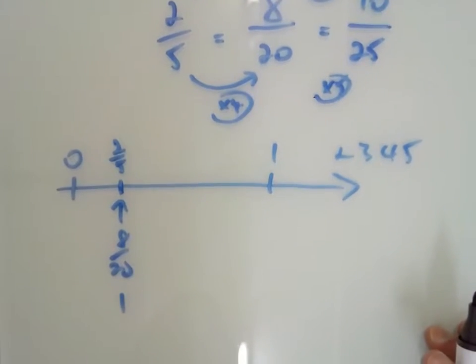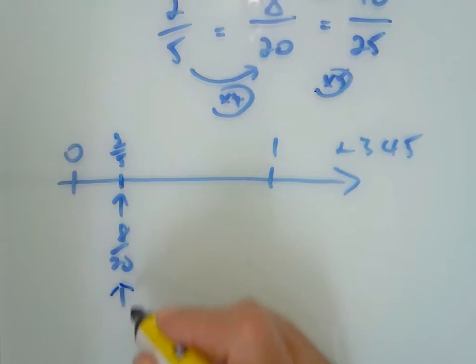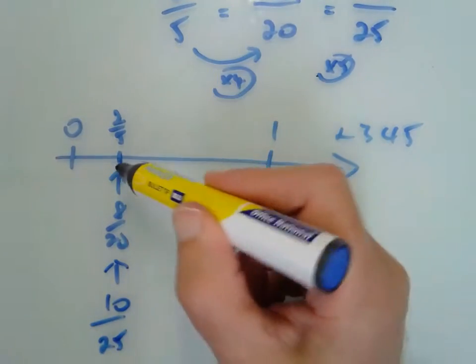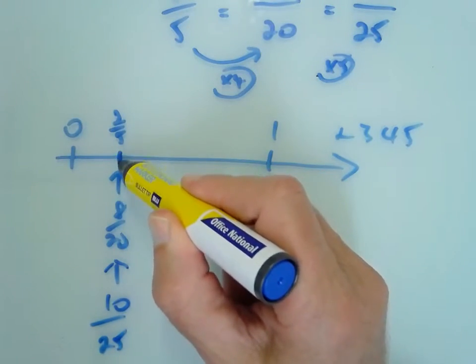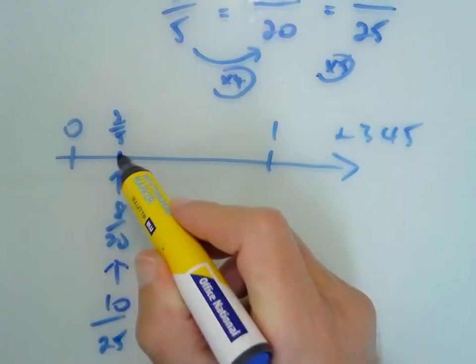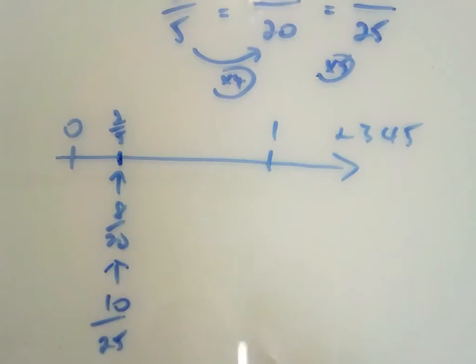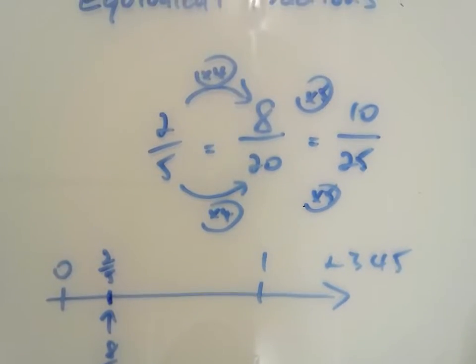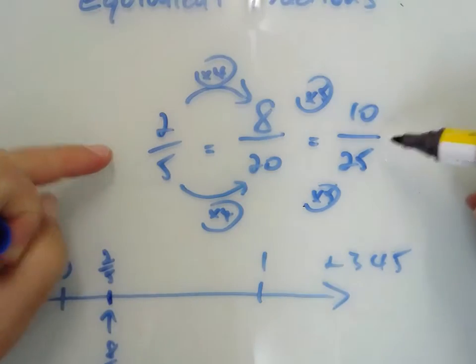There we go. Let's push it up. 10/25 is all at that one point on the number line. There's lots of different numbers on that number line, lots of fractional values, all with the same value. We can keep going as much as you like.